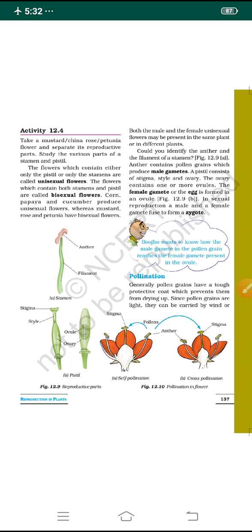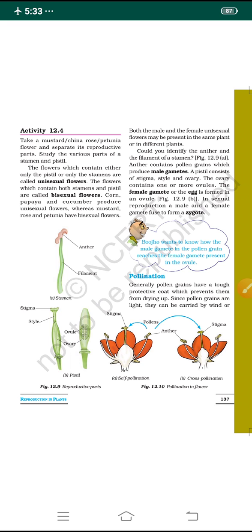For example, corn, papaya, and cucumber are unisexual flowers, whereas mustard, rose, and petunia have bisexual flowers.